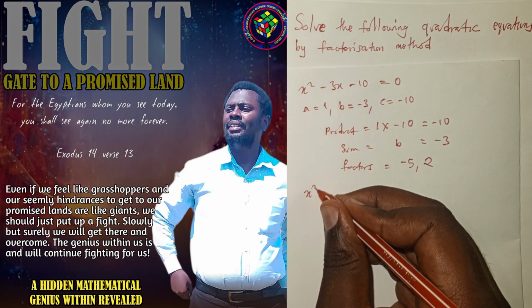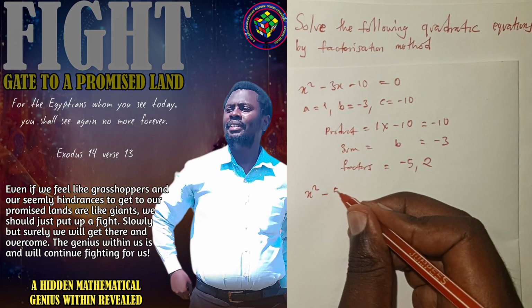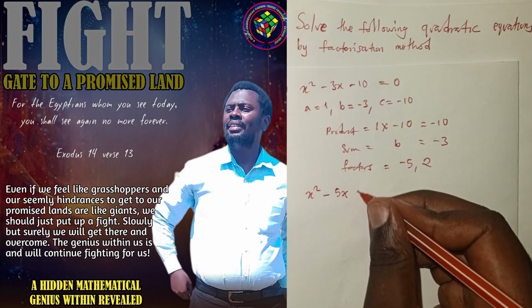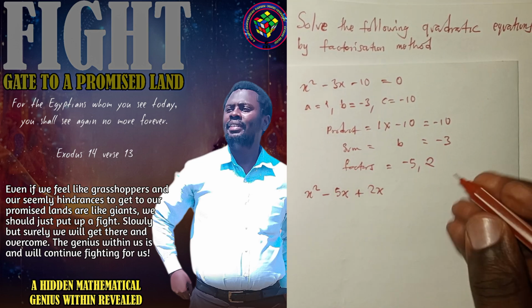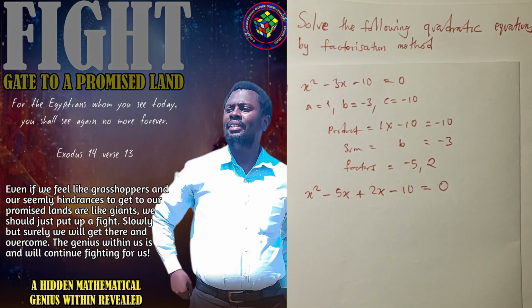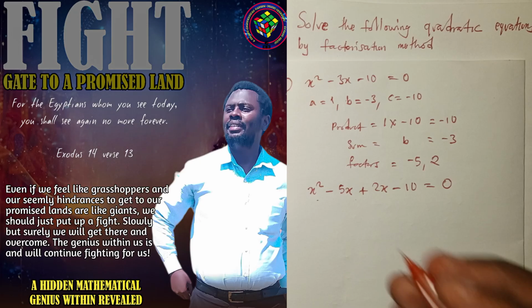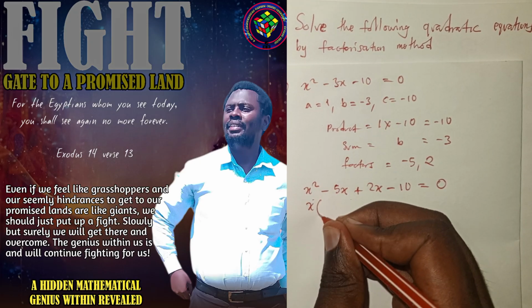Okay, so we have x squared, and where there is minus 3x, you get minus 5x plus 2x, then minus 10 is equal to 0. Okay, from these two, you divide out what is common. There is x squared and 5x. What is common? Yes, x is common. So you divide out x.